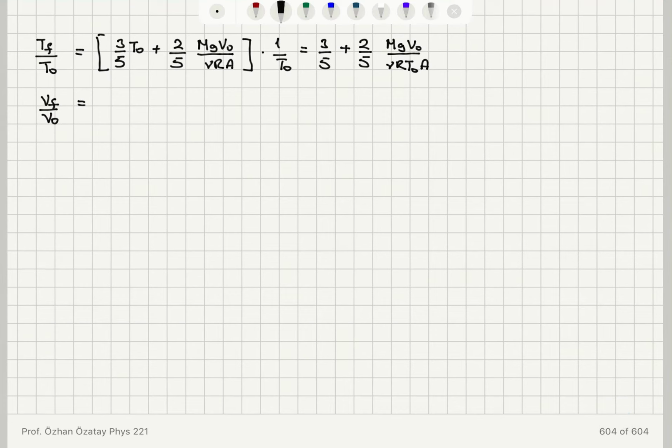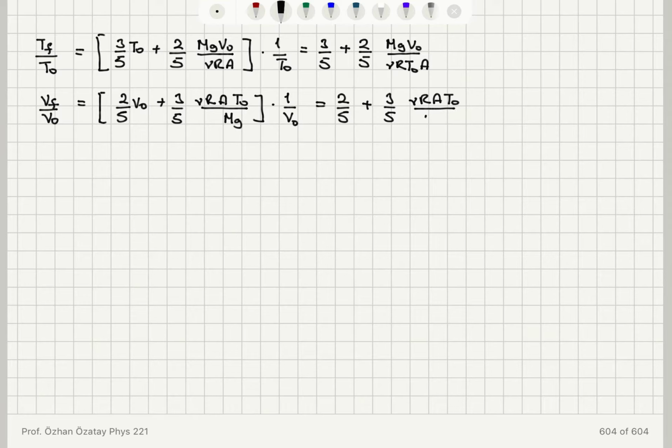So I substitute here 2 over 5 V0 plus 3 over 5 nu RA T0 divided by mg multiplied by 1 over V0. This will give me 2 over 5 plus 3 over 5 nu RA T0 divided by mg V0.